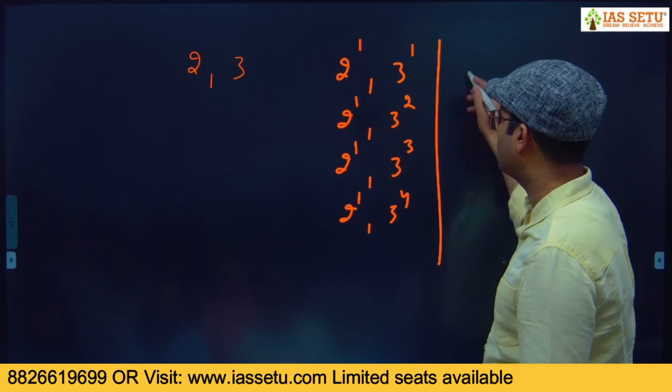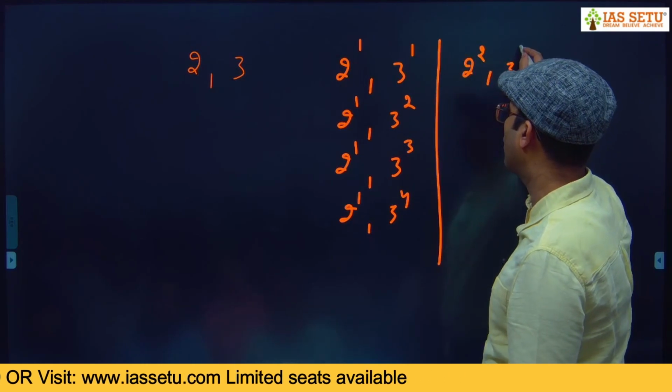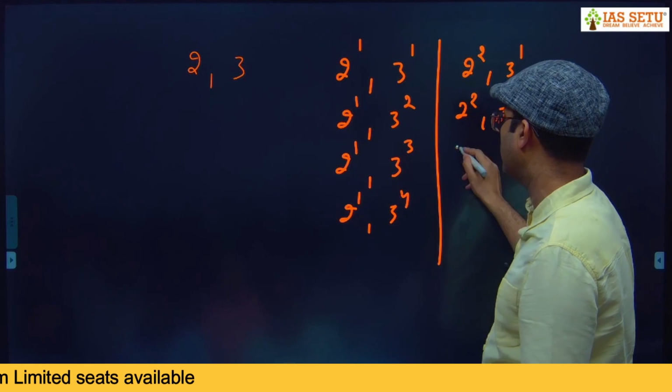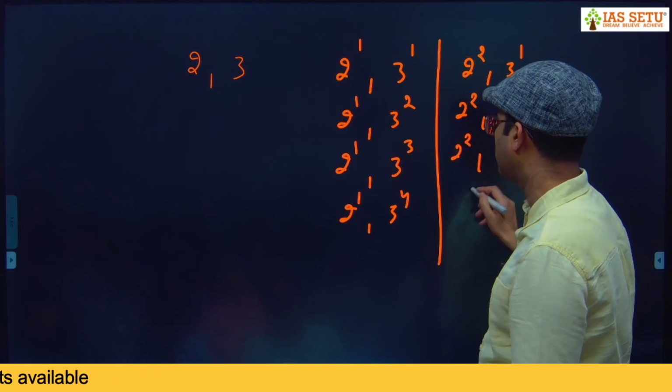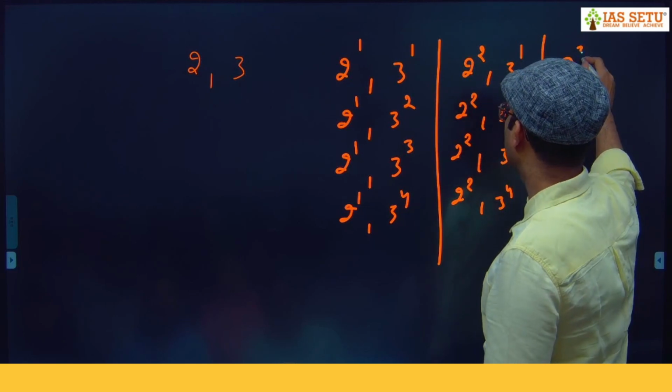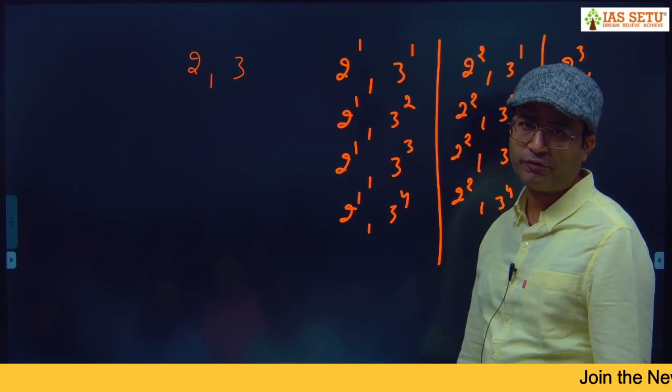Not only this, 2 square will be co-prime to 3 to any power. 2 to the power 2 is co-prime to 3 square, 3 cube, and 3 to the power 4. 2 cube is also co-prime to any power of 3.